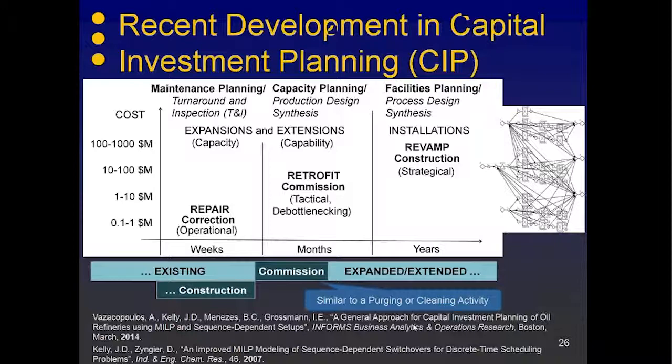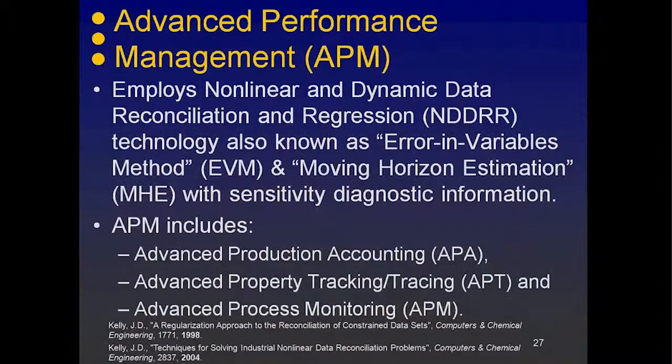Okay, I'll go through the other side, what we're calling advanced performance management. Essentially, we use the same type of model with past data to do nonlinear data reconciliation. Before I got into planning and scheduling, I was doing a lot of data reconciliation. Being able to do advanced production accounting, meaning using statistics, advanced property tracking, and advanced process monitoring are very important things to do, but the most important part is being able to provide diagnostic information.